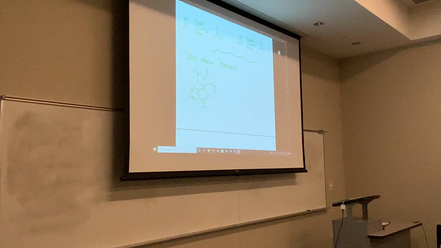Remember, iodine is this massive atom, right? We can do a lot of weird chemistry with iodine, so it's not unusual at all to see odd oxidation states and odd valencies with iodine. And so there's a whole class that deals with using hypervalent iodine to do chemistry.